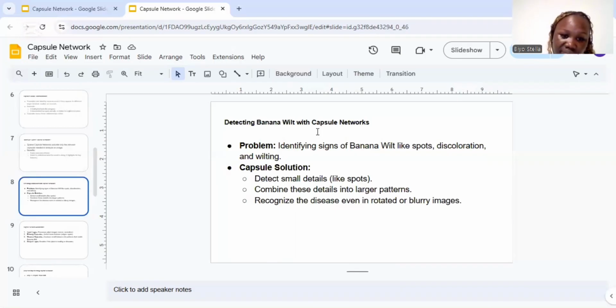Capsule networks detect details like spots, discolorations, wilting, then they combine these into a pattern. This pattern helps identify banana wilts even in a low quality image or under different lighting.